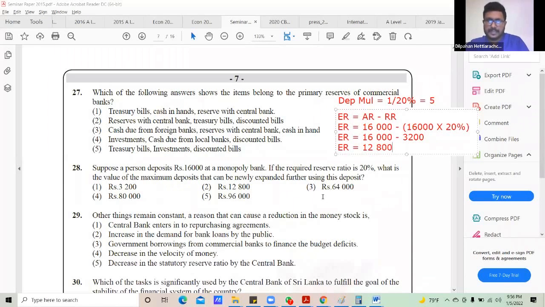Right? Then the last equation: max credit creation equals excess reserves into deposit multiplier.